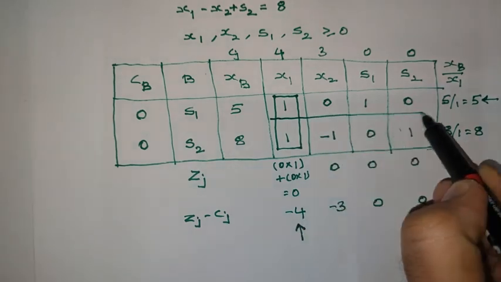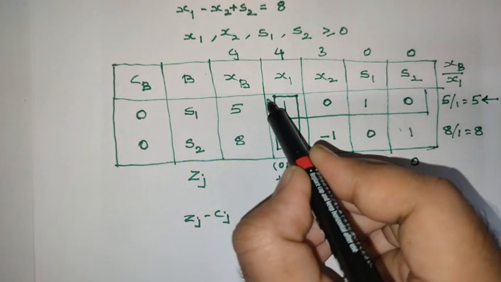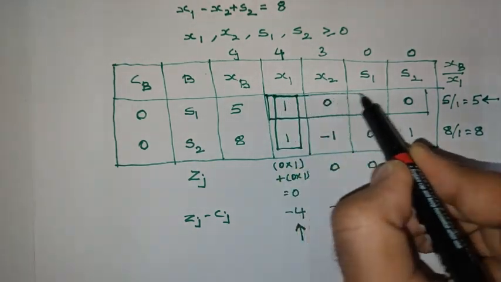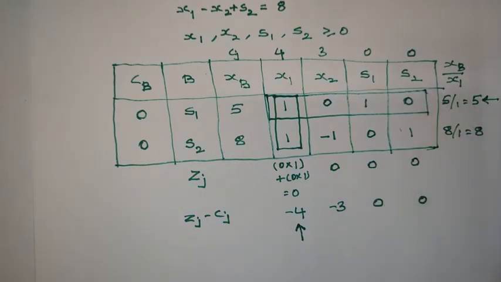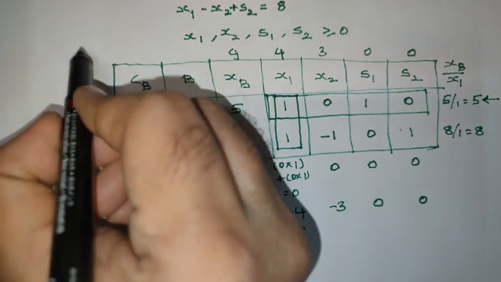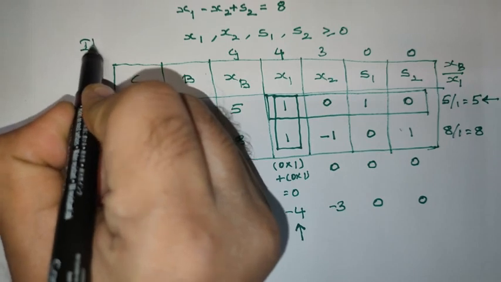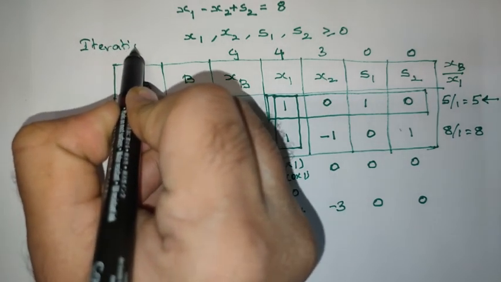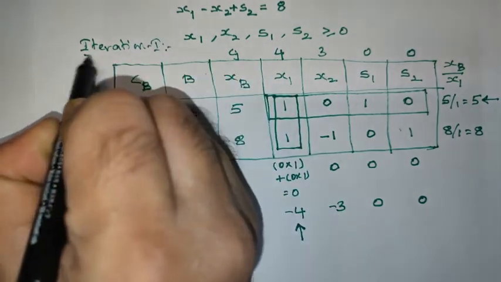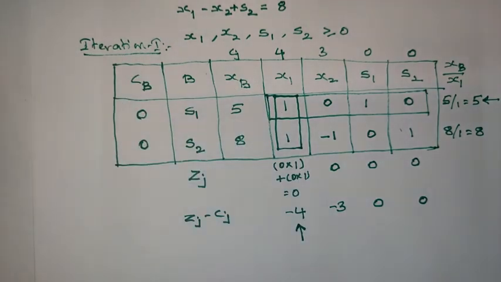So now this will become the key row of the table. So this is iteration 1, and next we are going for iteration 2.